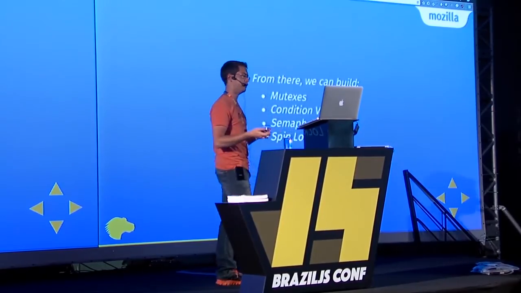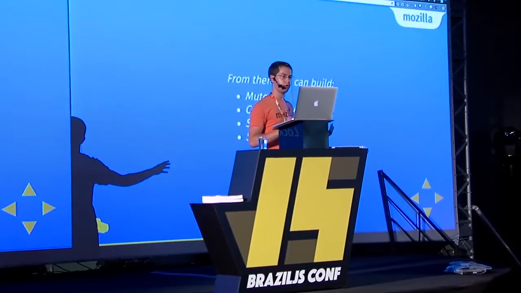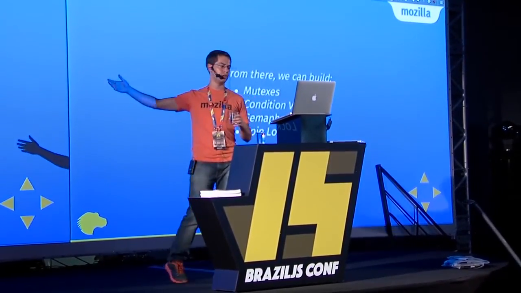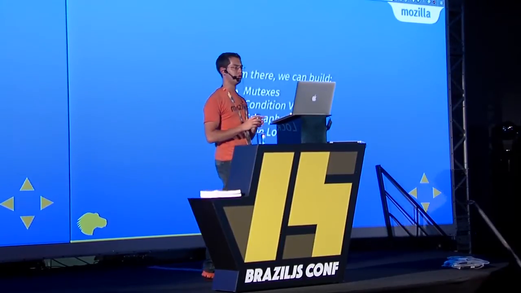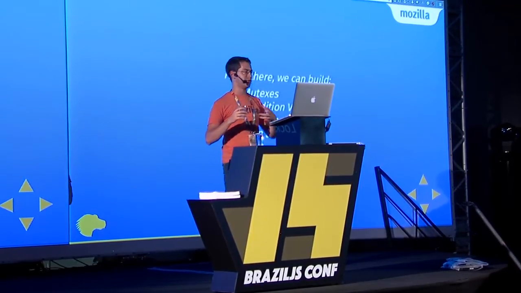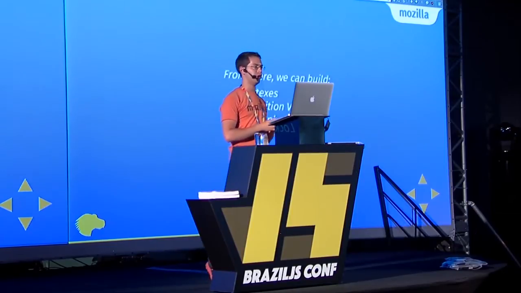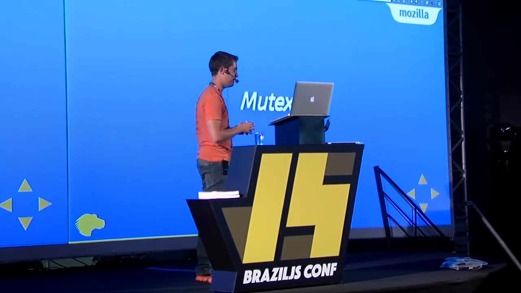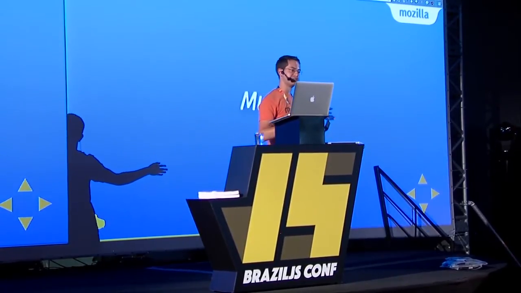And on top of those two basic abstractions, we can build all the other systems programming building blocks, such as locks with mutexes or simple spin locks. We can build condition variables that notify other threads that it's time to wake up and begin processing. We can build semaphores, which limit how many tasks are allowed to have access to a resource at a given time.